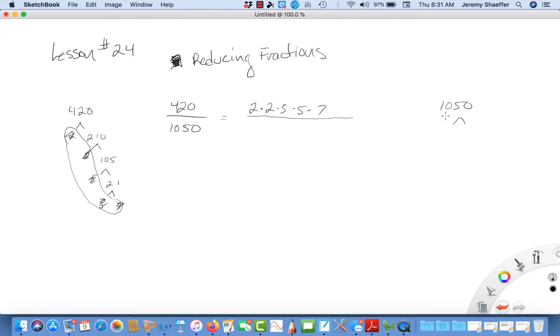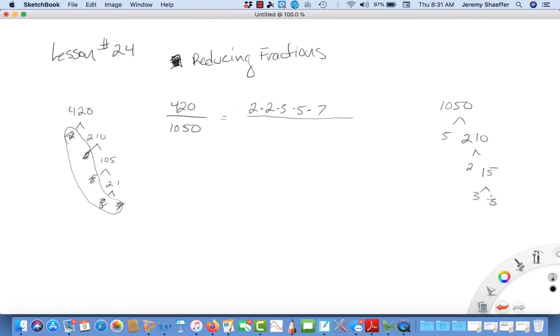Okay? Now, we do the same thing on this side. So 1050, we can see that we can divide that by 5. So let's do that. So we divide by 5 and we get 210. We divide that by 2, and we get 15.